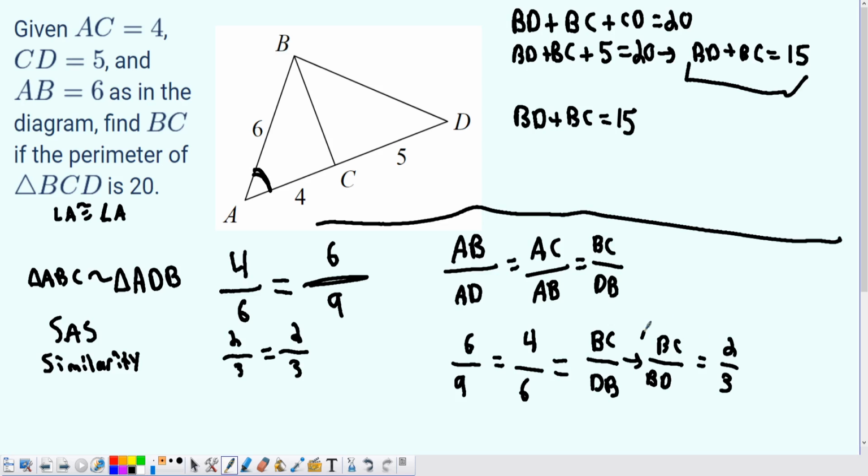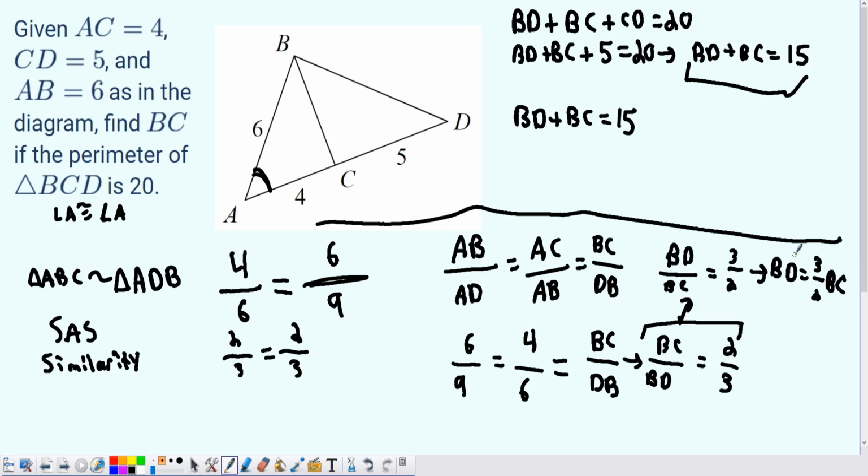So taking all this, I'm going to use that trick I used in the last problem, which is that you can just flip the fractions and get BD over BC equals 3 over 2. And that would simplify, multiplying by BC on both sides, BD is equal to 3/2 of BC.